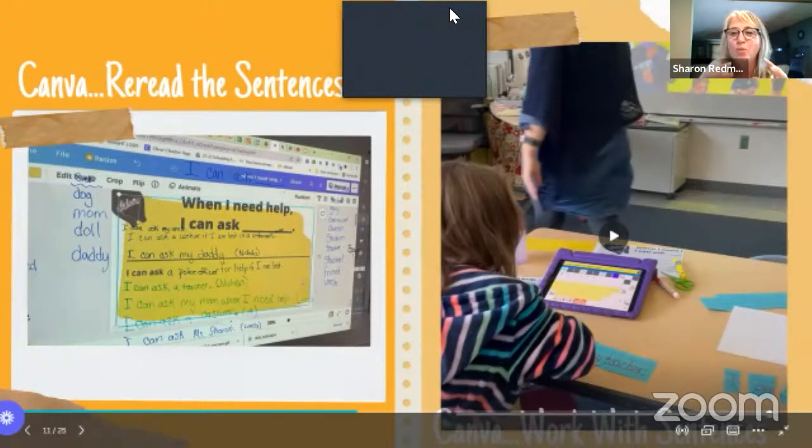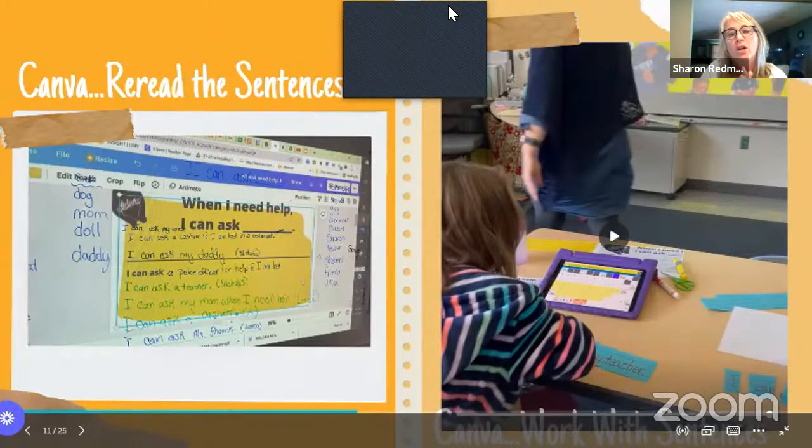So it is really a powerful tool to be able to bring our students along this journey of becoming a writer, becoming an author, using their AAC device, not just for communication verbally, but in communication written. And that's such an important piece.